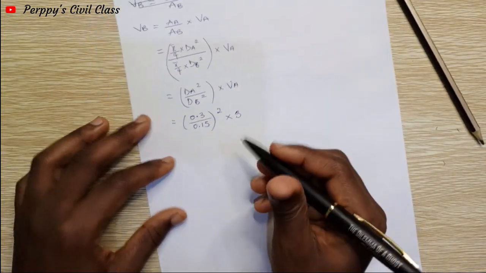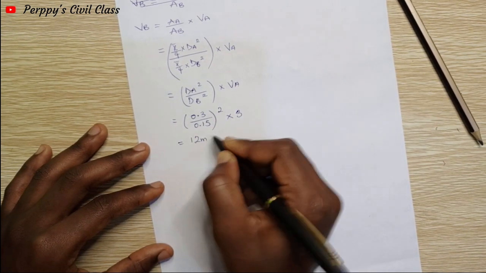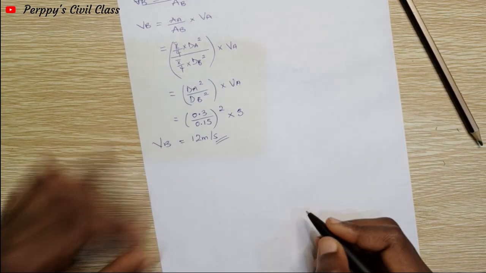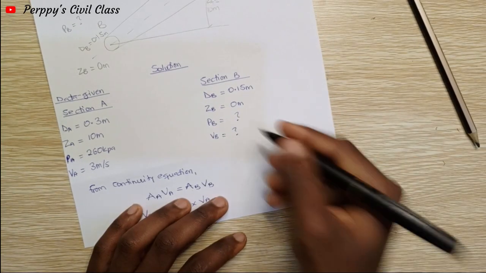This will give us 12 meters per second, which is VB. So now we know VB to be 12 meters per second. Let me write it here.